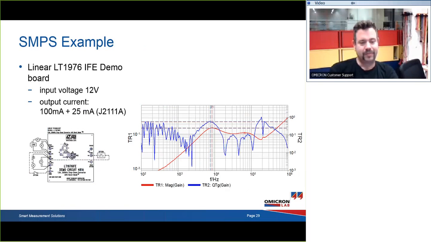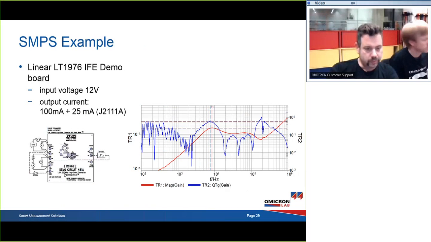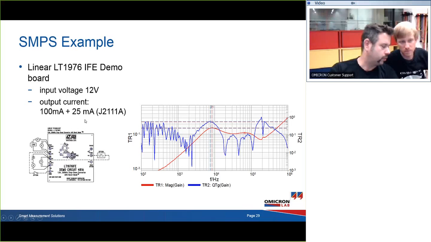This is a step-down converter with a switching frequency of 200 kilohertz, a maximum output of 1.5 amps, and 3.3 volts output voltage. The input can be from 4 volts to 60 volts. We will operate it at 100 milliamps plus the 25 milliamps that go into the J2111.